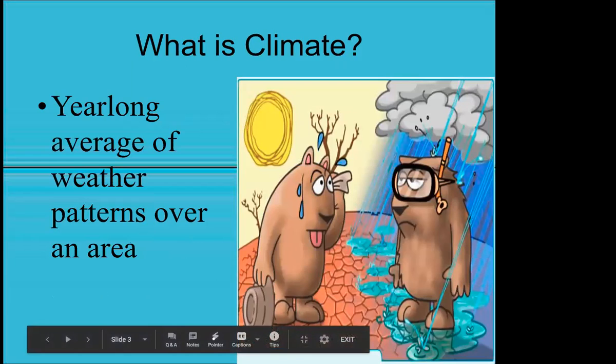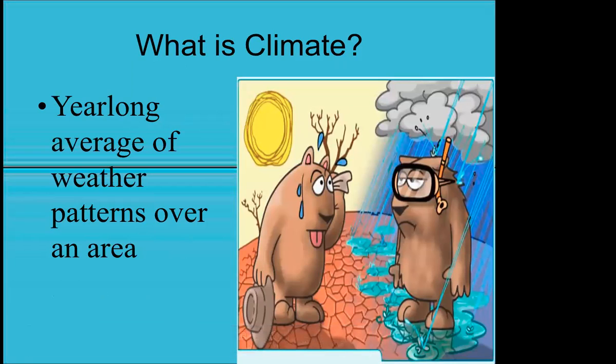All right. So, what is climate? Climate is the year-long average of weather patterns over an area. So it can be different from one location to another. Is the weather going to be the same here in North Carolina as it is in California? No. What about Pennsylvania? Washington State? Texas?